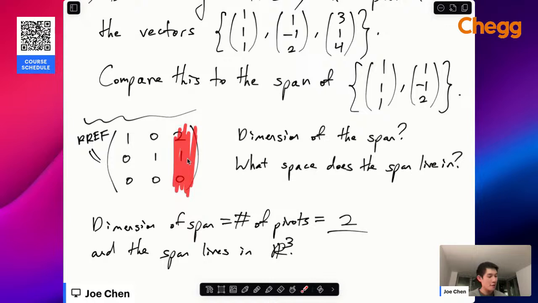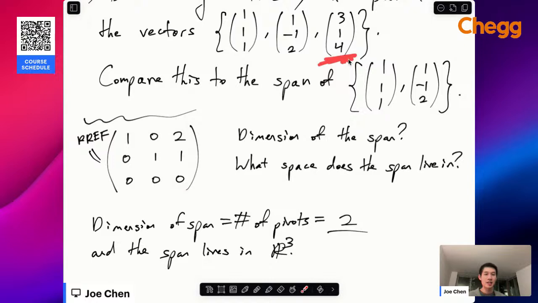You would get the same number of pivots. And so the dimension of the span would be the same. What that means is that adding this vector to the list of vectors did not change the span at all.